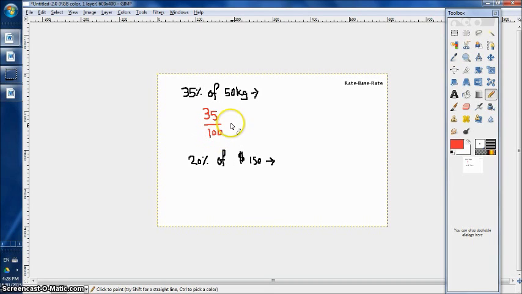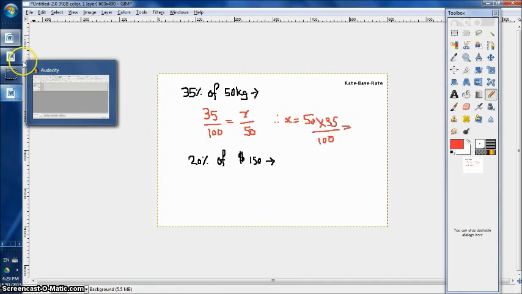So my x equals 50 times 35 all over 100. So this comes about 17.5.